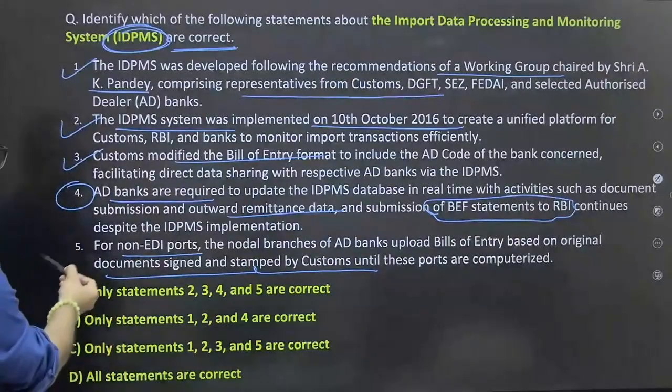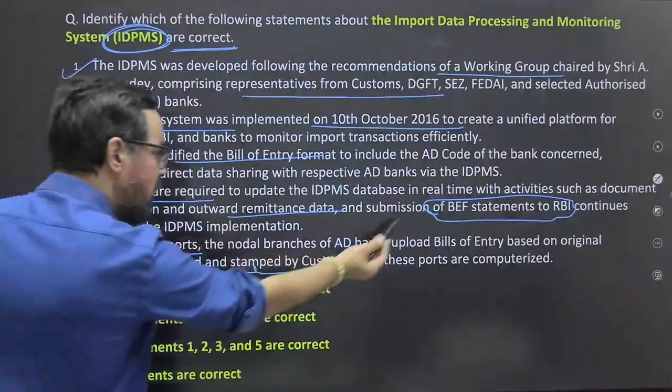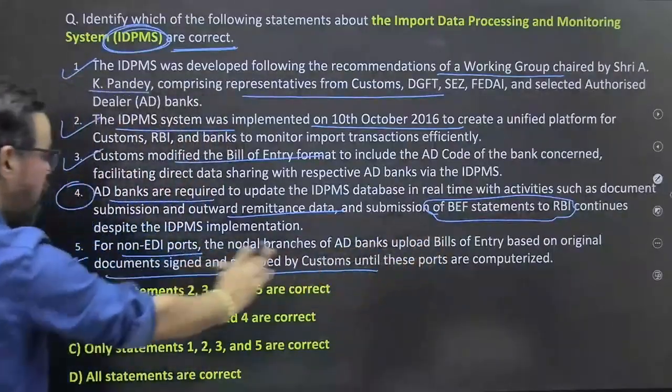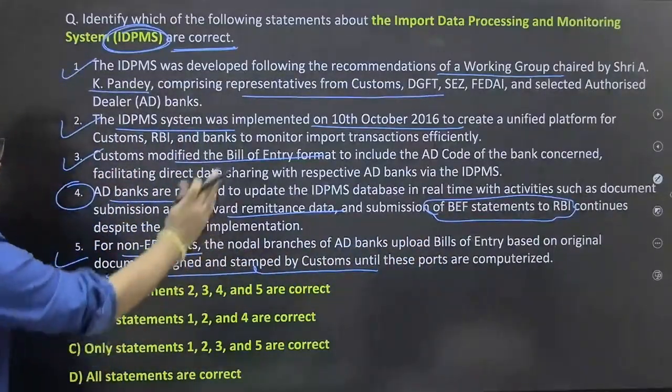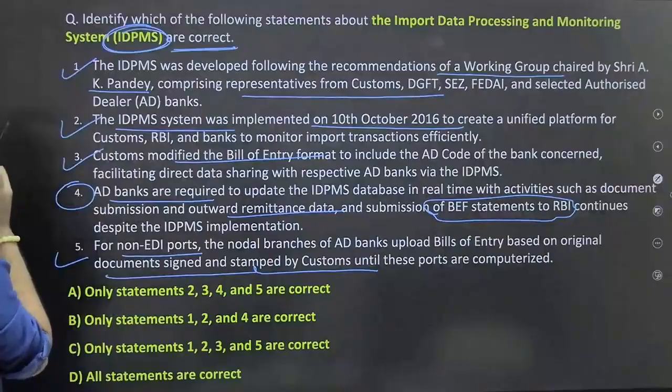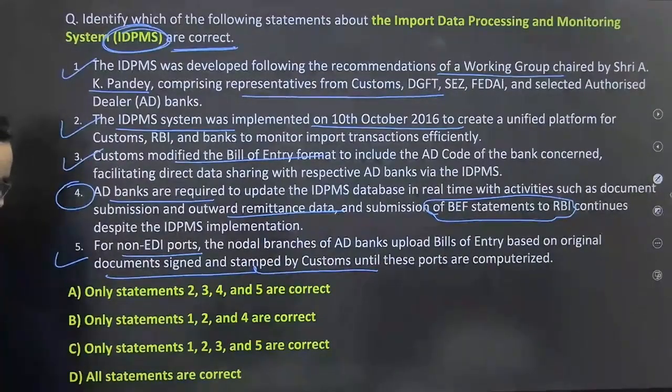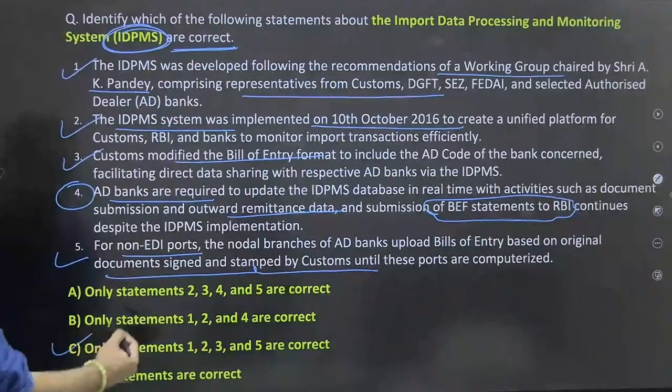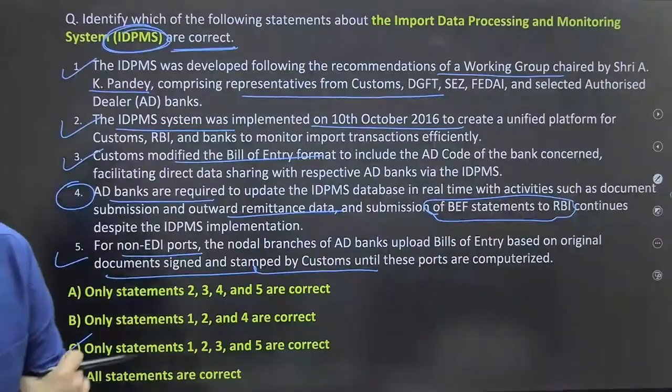Yes, this is correct, okay, but within IDPMS this is not required. It will be required only where we have non-EDI ports. So 1, 2, 3, 5 should be the right answer for this one, okay. 1, 2, 3, 5 means option C should be the right answer for this particular one.